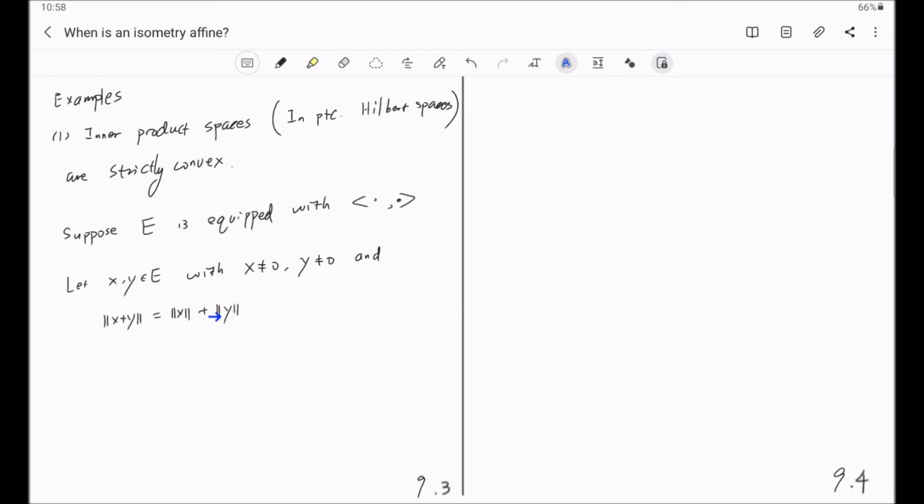So let us see what this condition tells us in terms of the inner product. Let us look at the inner product of x plus y with itself. By the bilinearity of this real inner product, this will be the inner product of x with itself plus the inner product of y with itself plus twice the inner product of x and y.